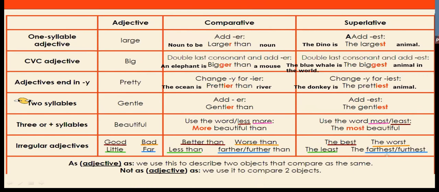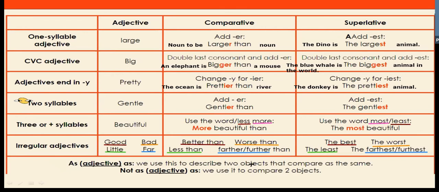And now here we have this part that I was telling you before. When we use as, adjective, as: as pretty as, as large as, as big as, we use this to describe two objects that are the same. They are at the same level. Neither of the two objects is more or less than the other.